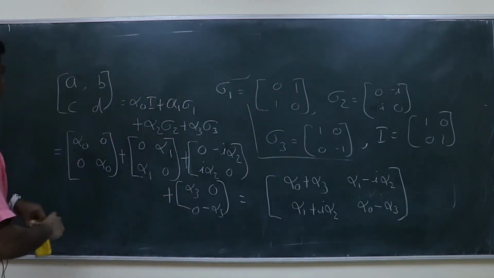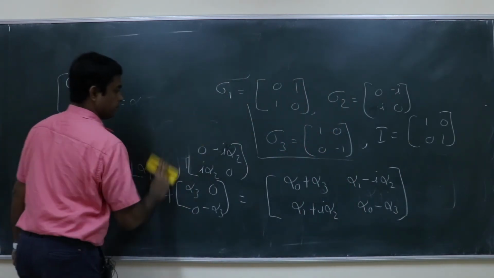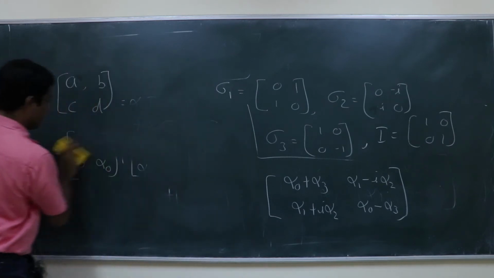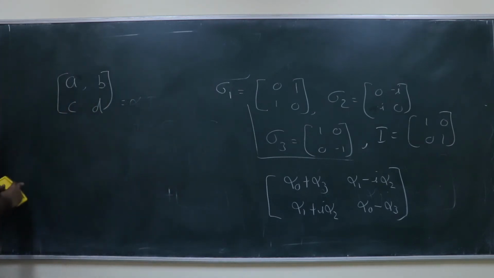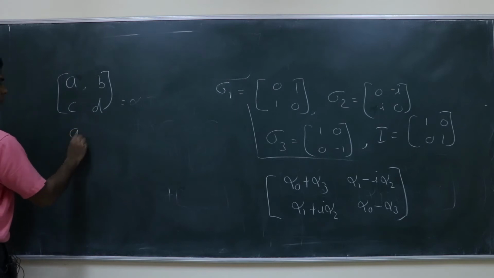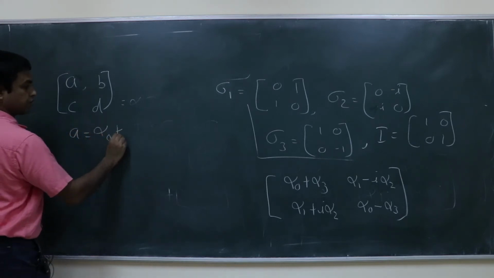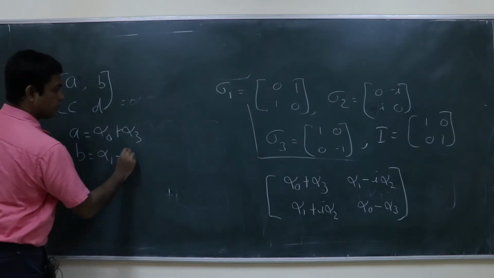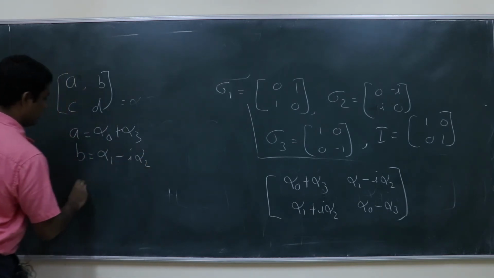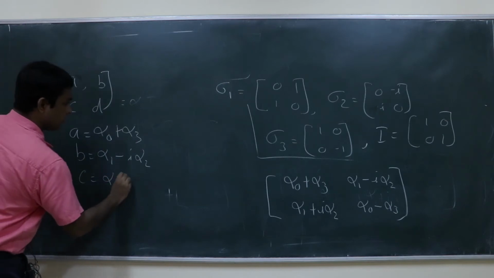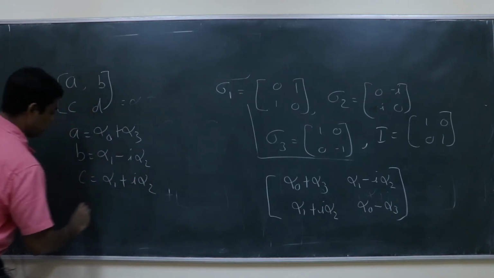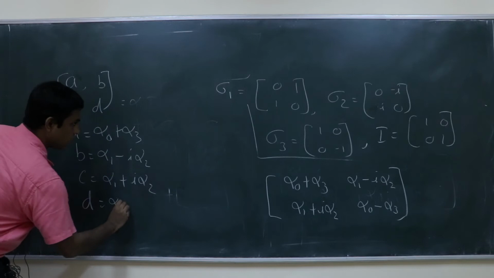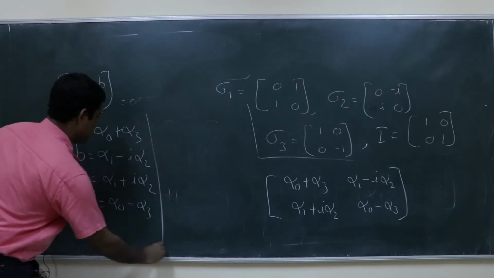Is that all right? Yes, sir. Okay, so now I can write A equal to alpha 0 plus alpha 3, B equal to alpha 1 minus i alpha 2, C equal to alpha 1 plus i alpha 2, and D equal to alpha 0 minus alpha 3.